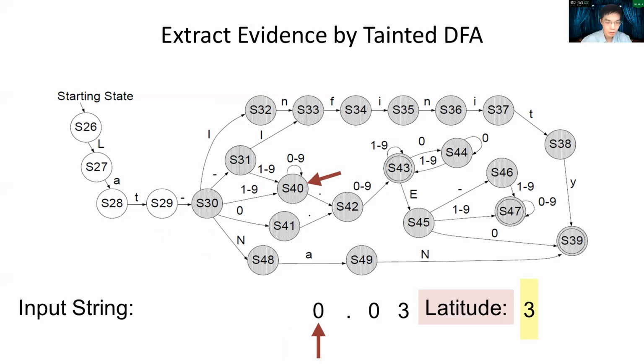So we keep appending the output from the input string until we reach the end state of this tainted DFA. Since the input string here is empty, it means we finish extraction and we can output this value as a result.